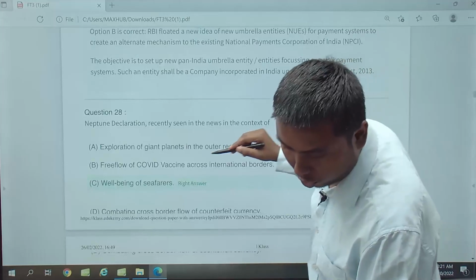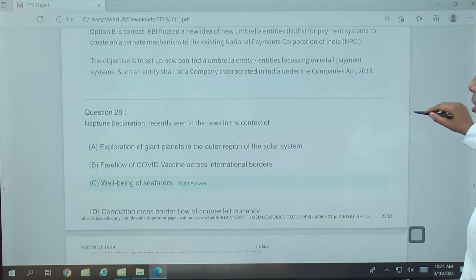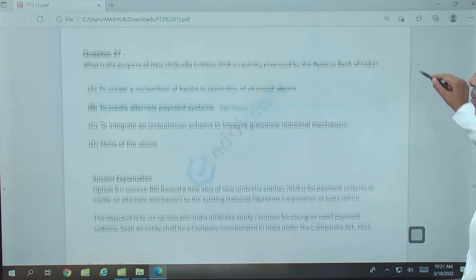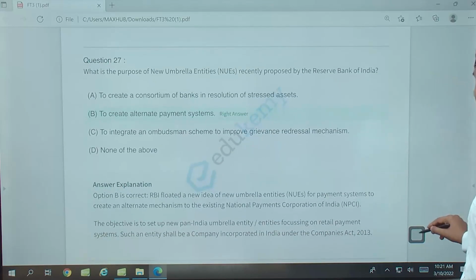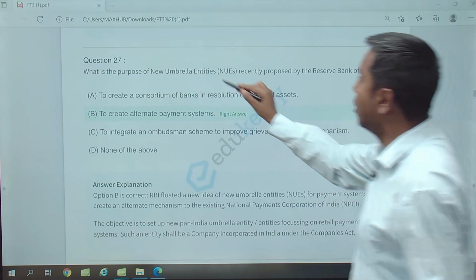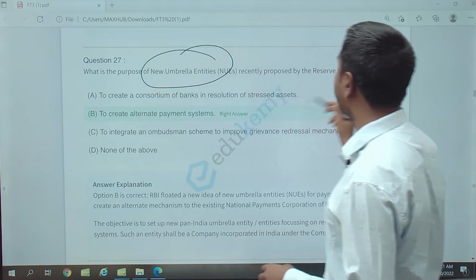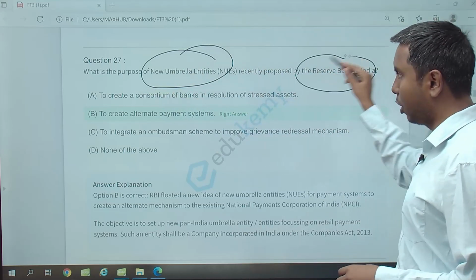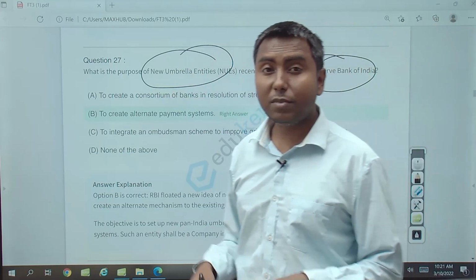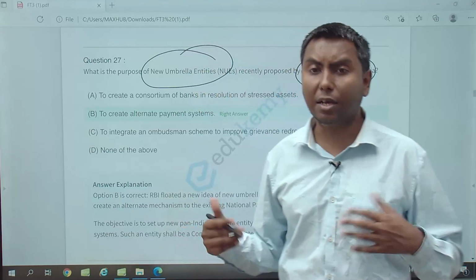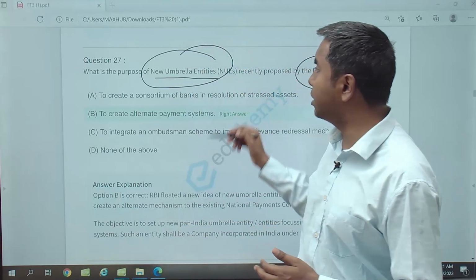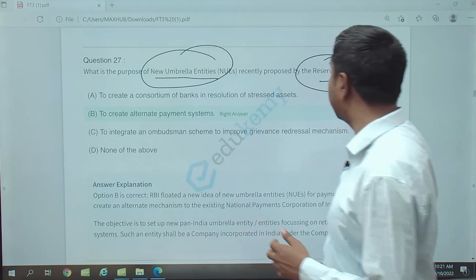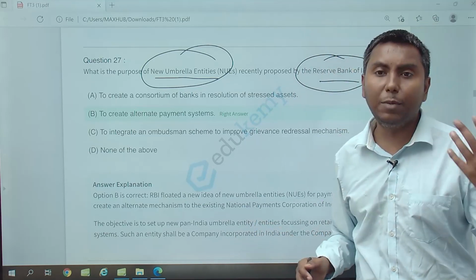Now the next economy question will be 27. Now question number 27, new umbrella entity. What is the purpose proposed by RBI? Now again, it is very difficult to guess unless you are privy to the current affairs. Okay, so this new umbrella entity has been proposed by the Reserve Bank of India to create alternate payment systems.